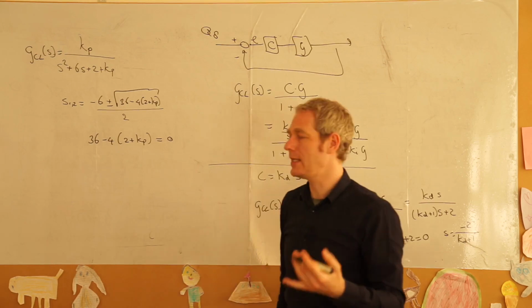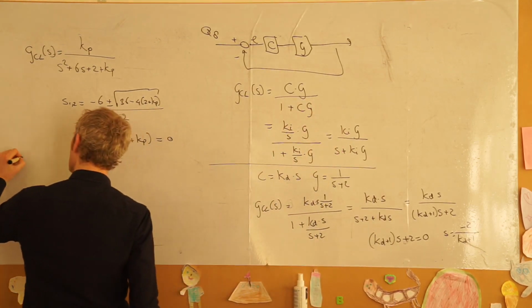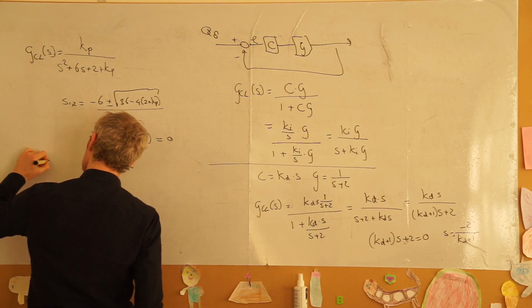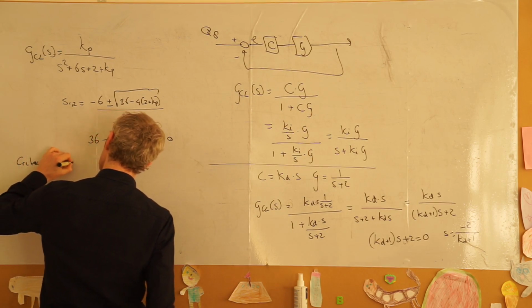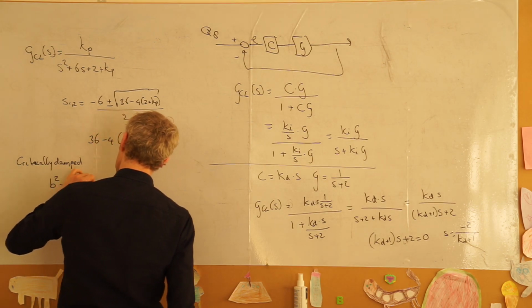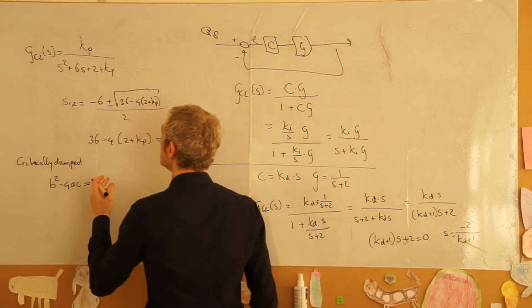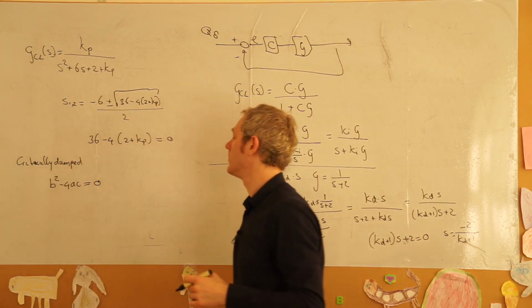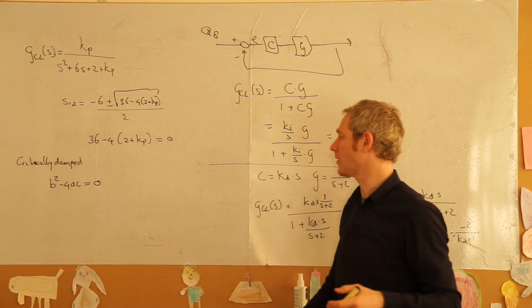And we could also see that the system is critically damped for b squared minus 4ac equal to 0. That's the criterion.